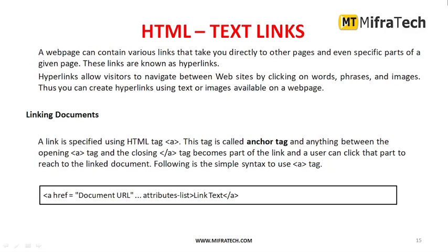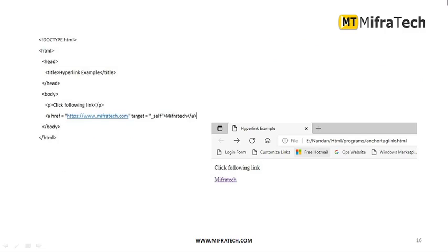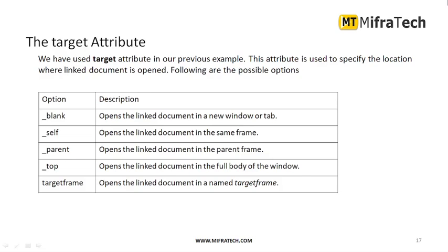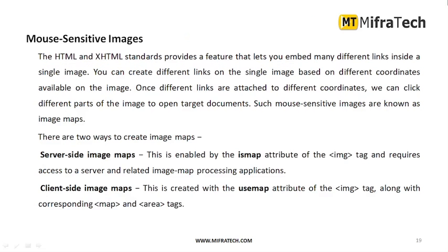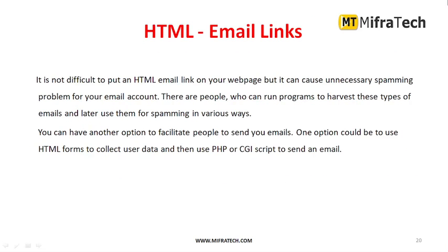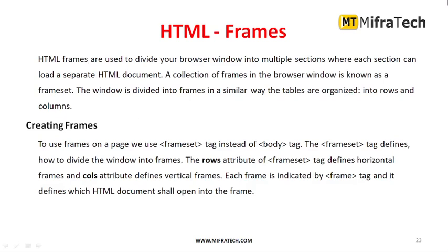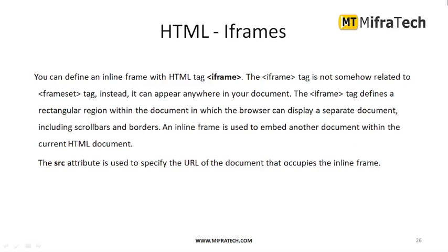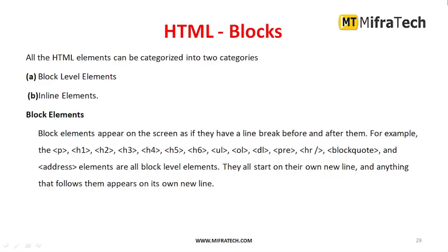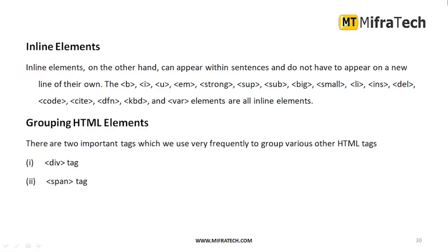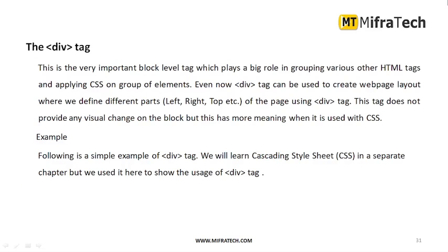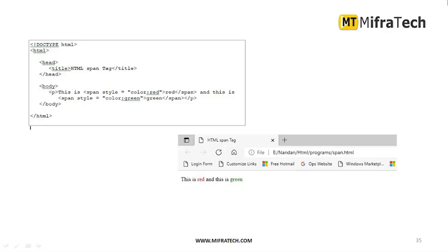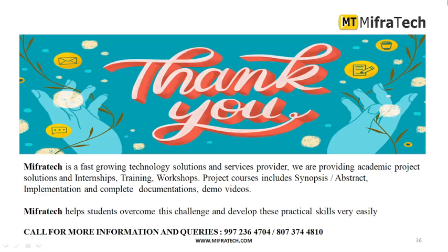Next, text links: how to link a document, a text link, or an image link. Also email links, frames, how to create a frame with the frameset attributes, iframes, block level elements, and inline elements. Mainly we use the div and span tags, and in this session we have seen this.